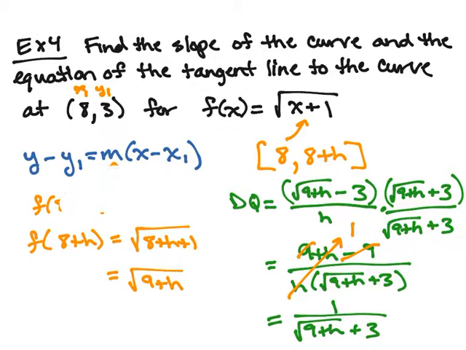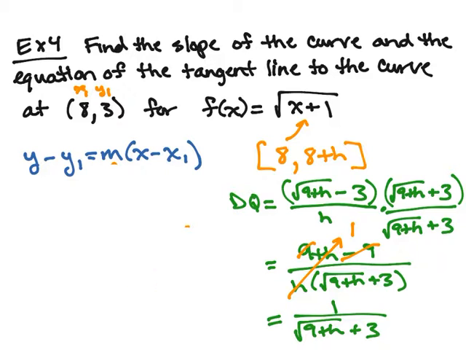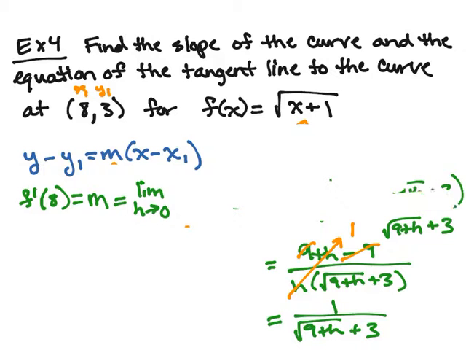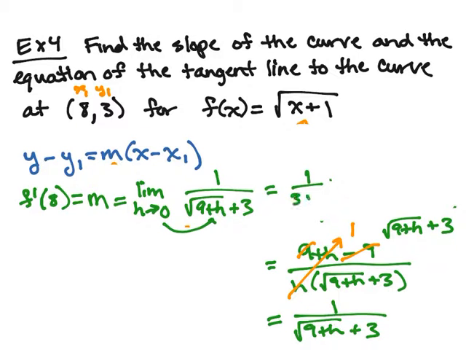All right, so our derivative at 8, or our slope m, is the limit as h goes to 0 of our simplified difference quotient. And when we do a direct substitution, we plug in 0 for h. I get 1 over the square root of 9. Well, that's 3.